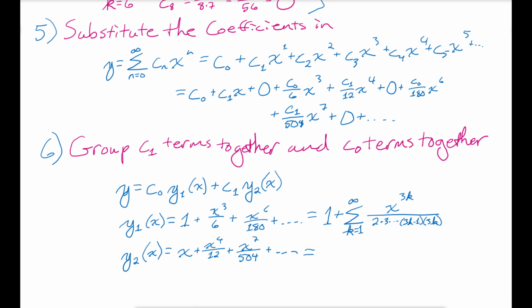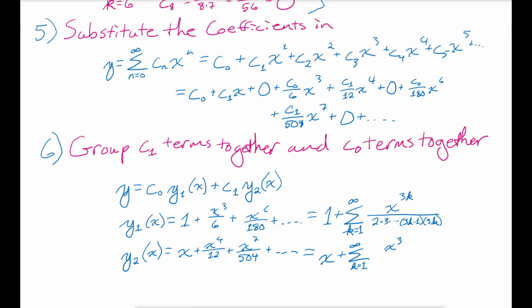And then for y2, we can also write it as a power series. So again, just so I get to start my sums both with k equals 1, I'm going to keep the x out in front. It also doesn't fit quite the same denominator pattern as everything else without some finessing. So it's easier to describe the power series if we pull the x out and let everything with the denominator be inside our power series. So again, we'll start our sum at 1 up to infinity. This time in our numerator, we have x raised to the 4th power, which we might be tempted to say is 4k, but they're going in multiples of 3.